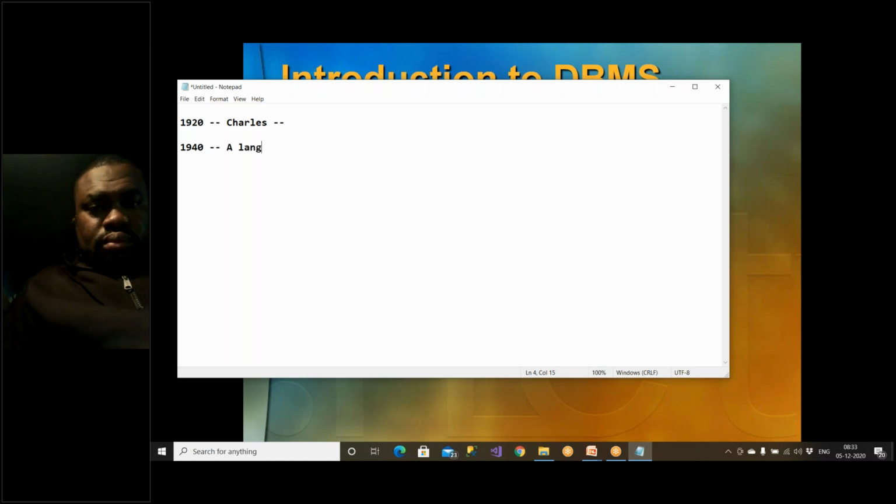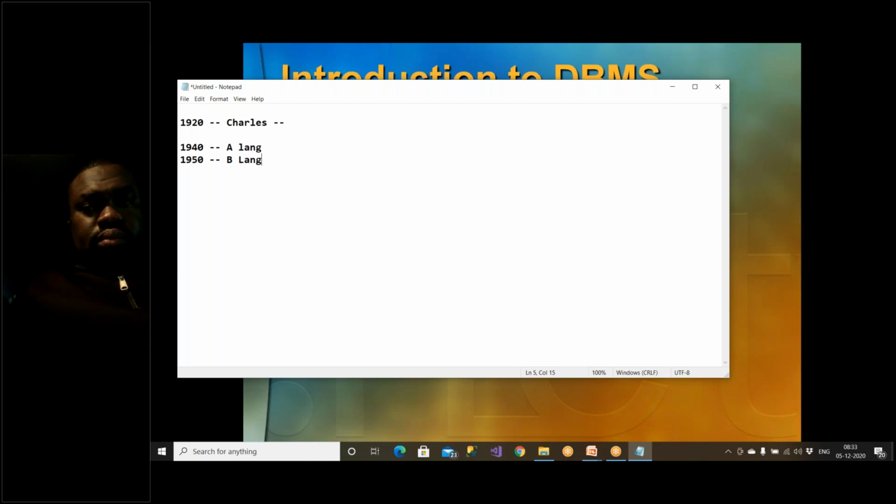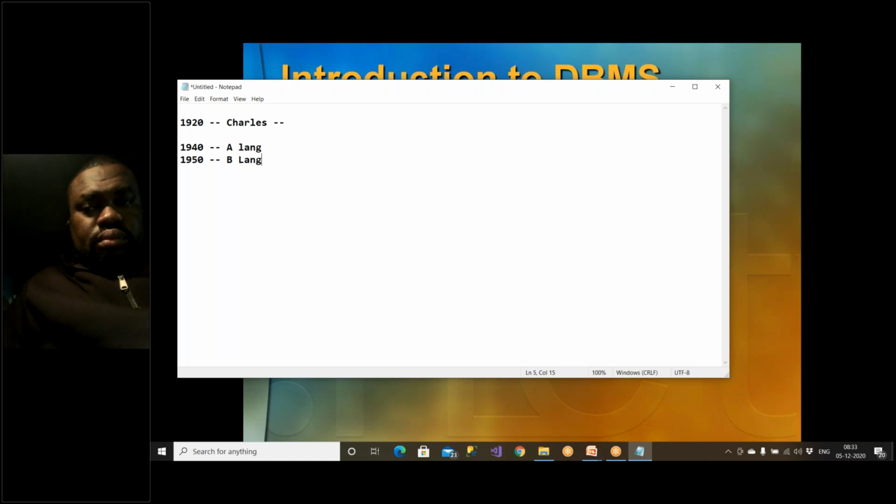Using this language, people were talking to the computer in 1940. Clear? In 1950, they had to invent one more language called B to communicate to the computer. So scientists invented a language called B.